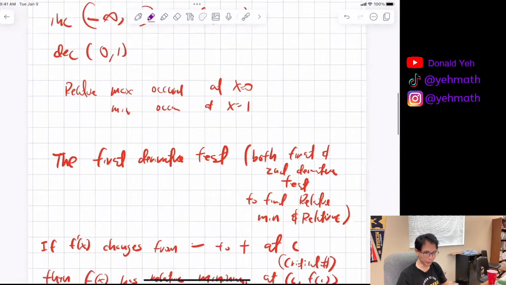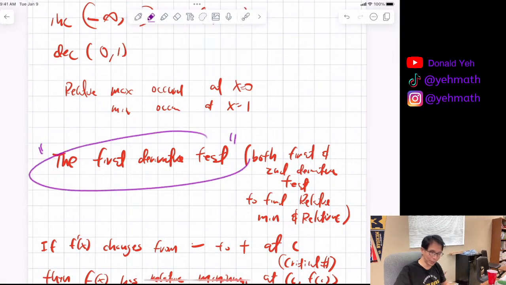Now, we're going to talk about the first derivative test. First of all, there's a difference between the test for increasing and decreasing. For increasing and decreasing, you just do a number line test. You look at which interval is positive, you state that's increasing. Which one's negative, you state decreasing.